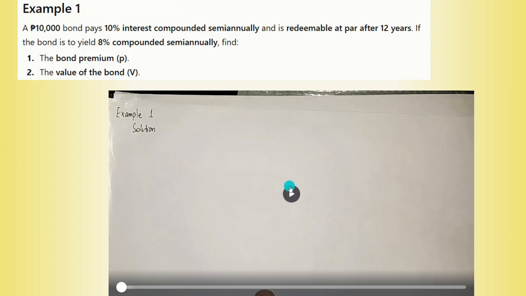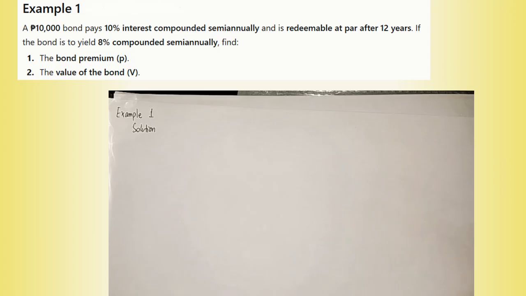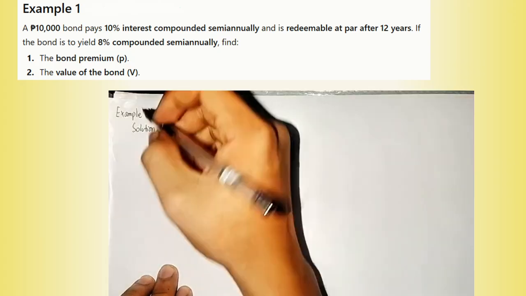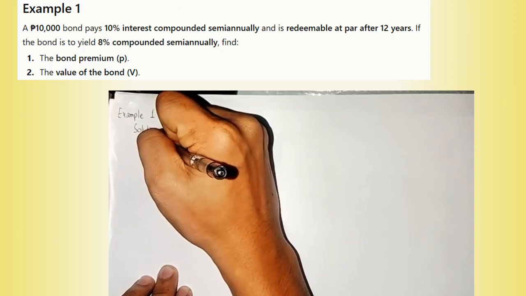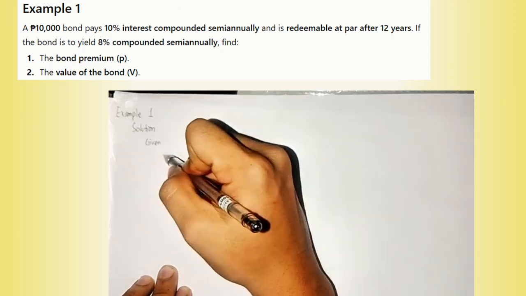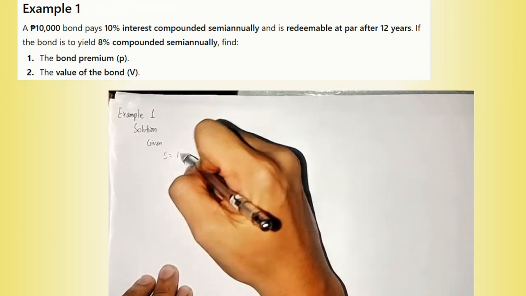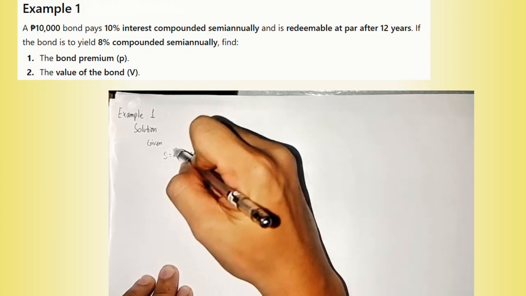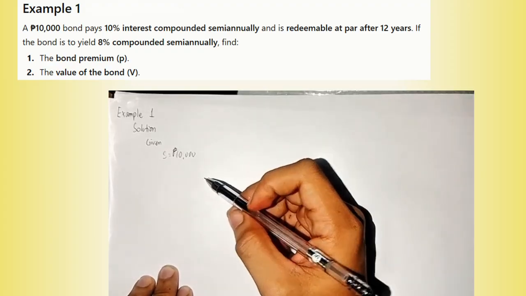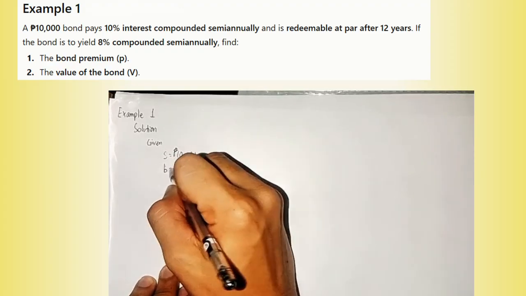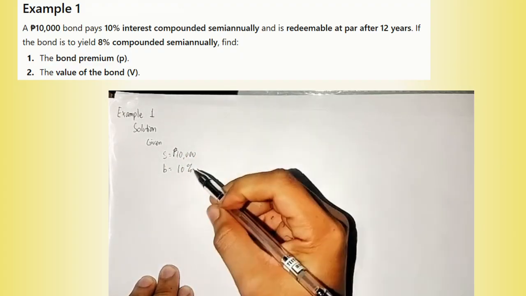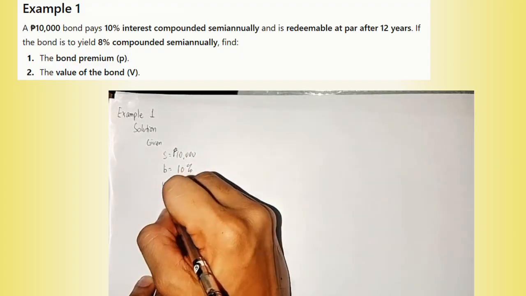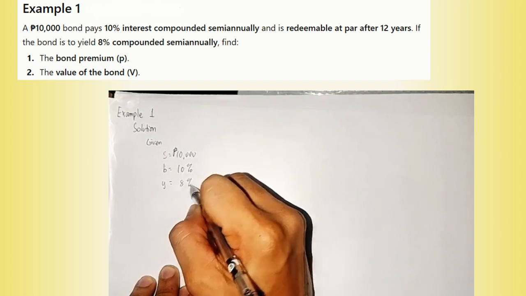Now, first, let's list all the given. We have S is equal to 10,000 pesos, bond rate B is equal to 10%, and yield rate is 8%.